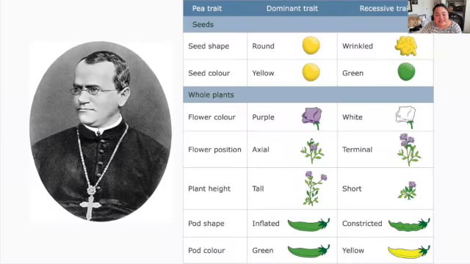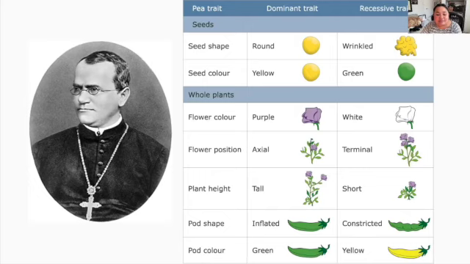So just a bit of background information. In Gregor Mendel's experiment on peas, he studied 7 different traits: seed shape, seed color, flower position, plant height, pod shape, and pod color. Each of these 7 traits were controlled by just 2 alleles, a dominant allele and a recessive allele.